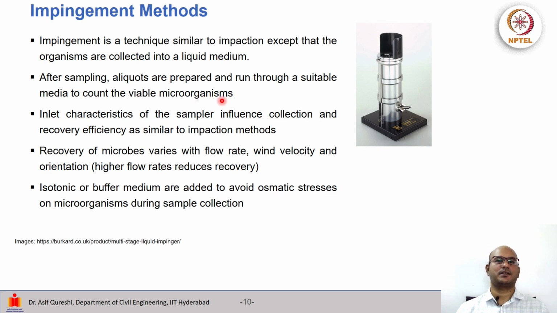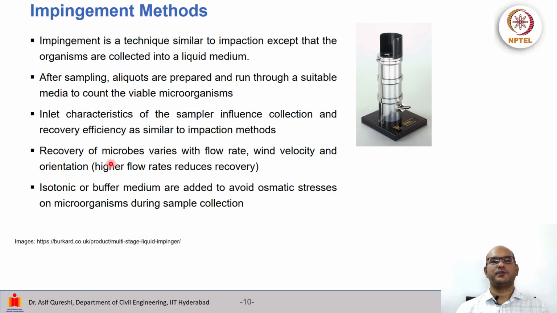So once our collection is done, we can do the further analysis. The inlet characteristics of the sampler will influence the collection of the bioaerosols and the recovery efficiency of the bioaerosol, quite similar to the impaction methods.